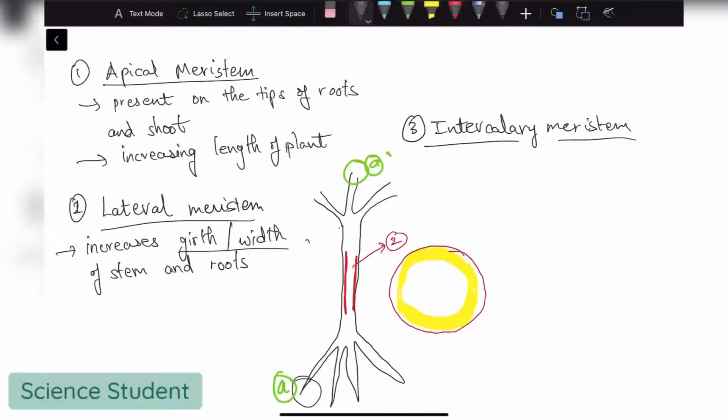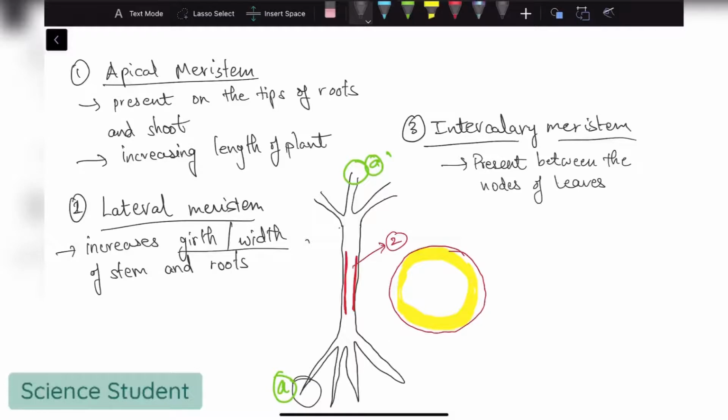Now when we talk about intercalary meristem, intercalary meristems are present between the nodes of leaves. Okay, located near the nodes of leaves.